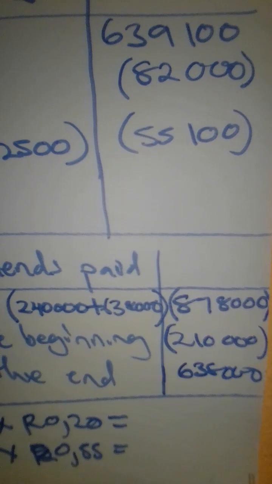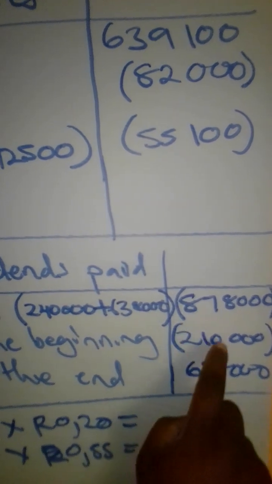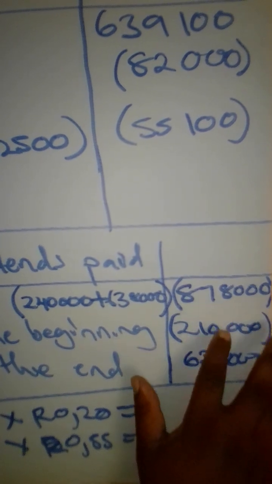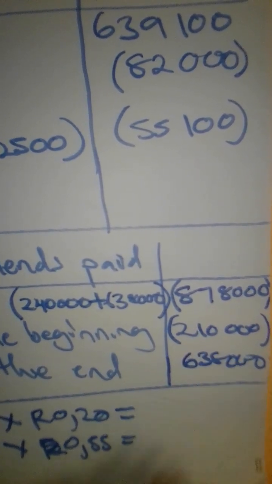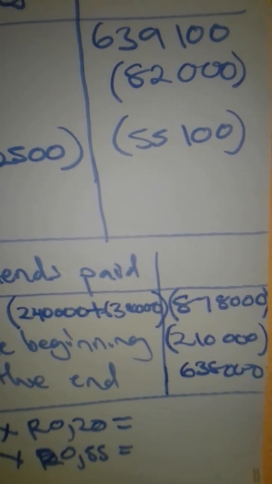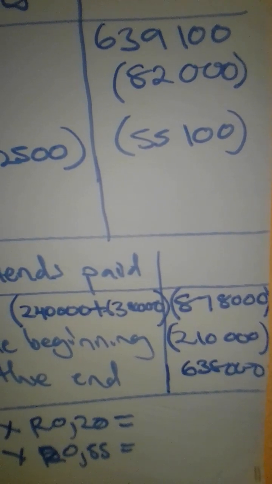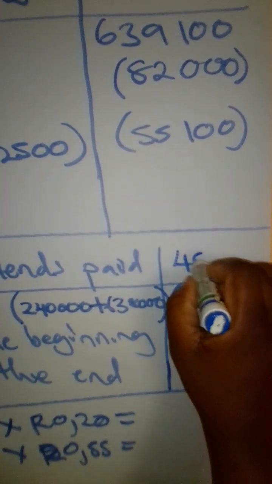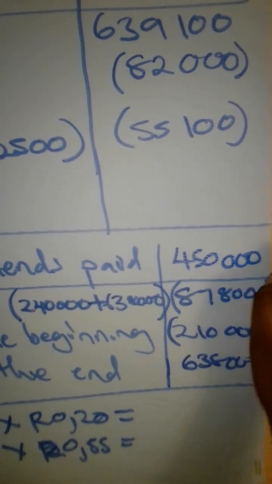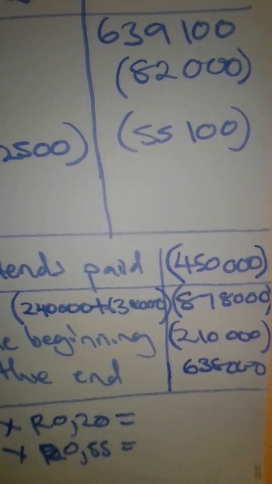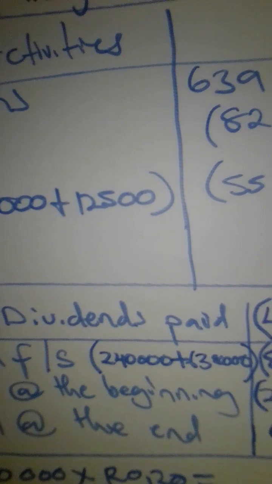So you add these negative amounts together to make it easy for you. This amount plus this one, and then you minus this one. You remain with something like 450,000. 450,000 is our dividend paid. The dividend that was paid is 450,000.